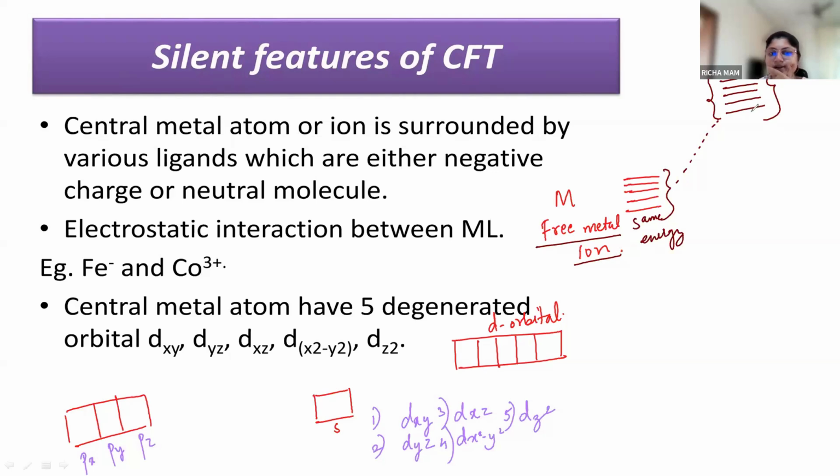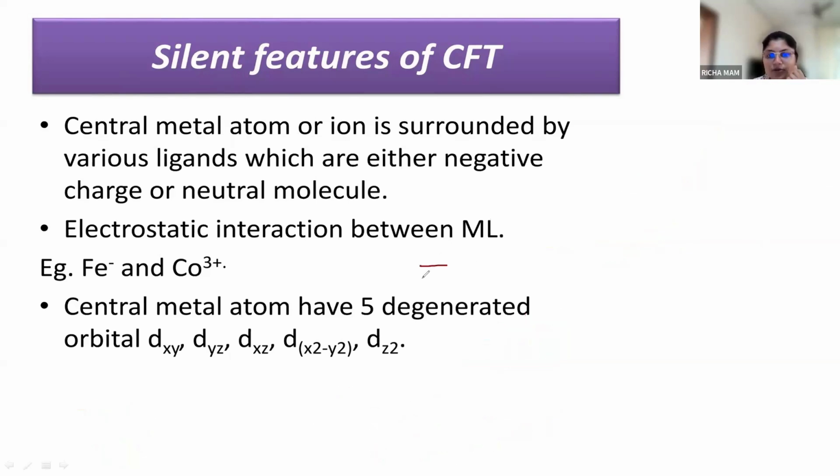Now when the spherical field ligand surrounds it, what will happen? The splitting takes place. How does the splitting take place? It splits up into, suppose, 1, 2, 3, 4, 5. So this is a free metal ion.